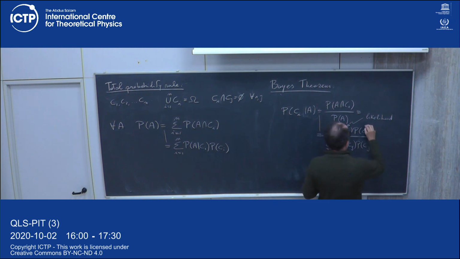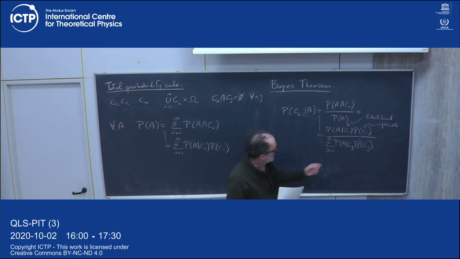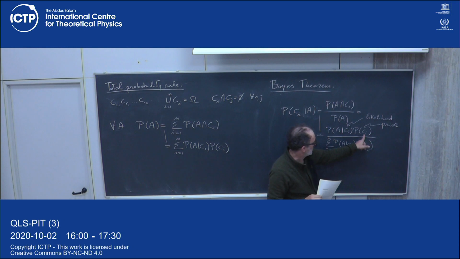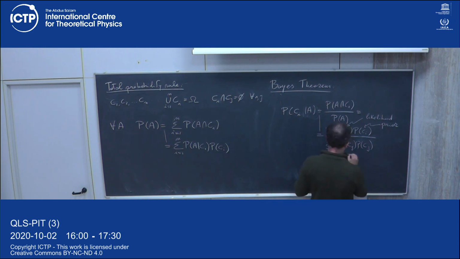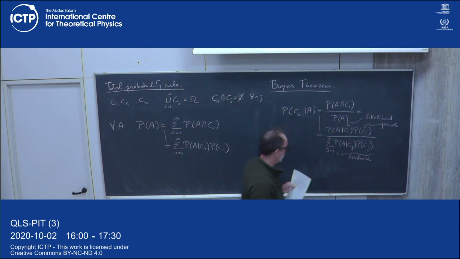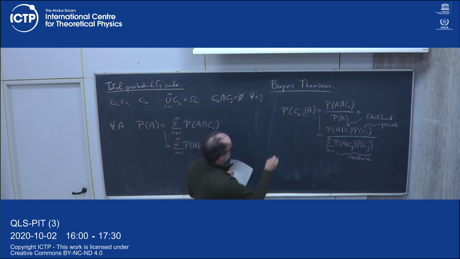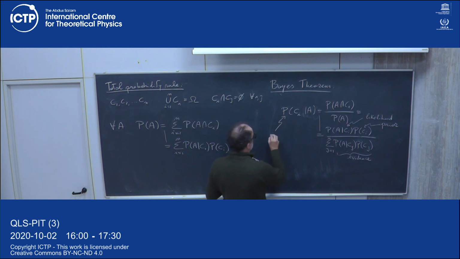This is instead the prior probability, which is the probability that you have on model Ci or on cause Ci before you observe the event A. And all of this is called the evidence, and it's the probability of A. And this part here is called the posterior probability.